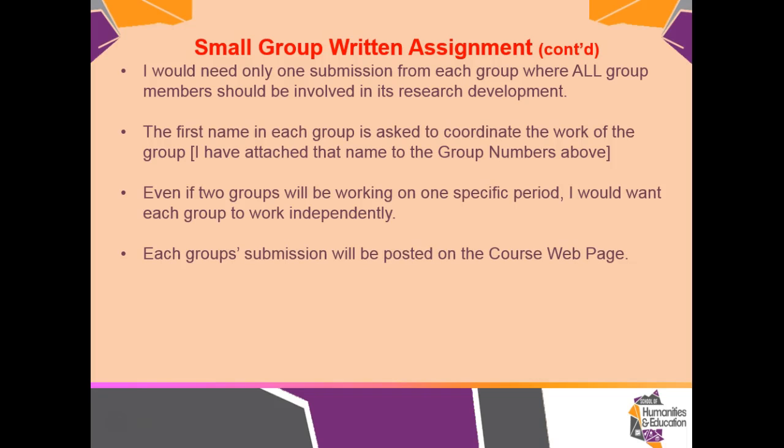Each group submission will be posted on the course webpage, not only on the course webpage but also on the Moodle platform also. What will happen is that all the submissions from all groups will be submitted, so each of you will be able to look at the submissions, and later on we'll react to them in a forum that will be posted sometime next week.